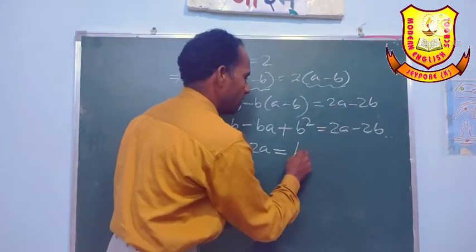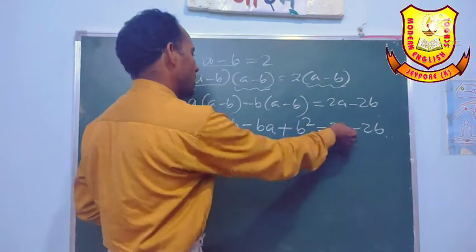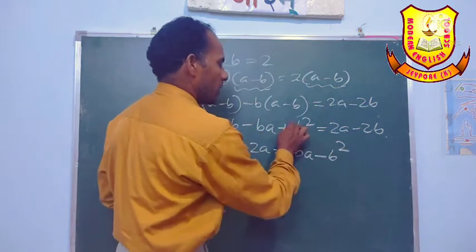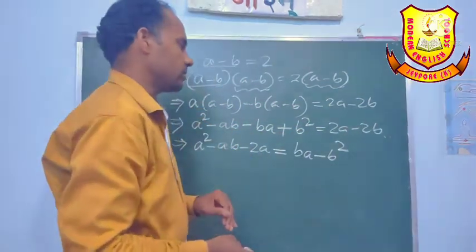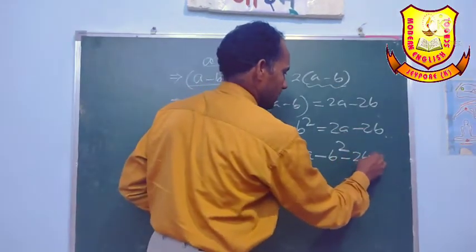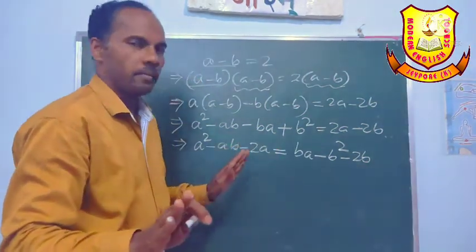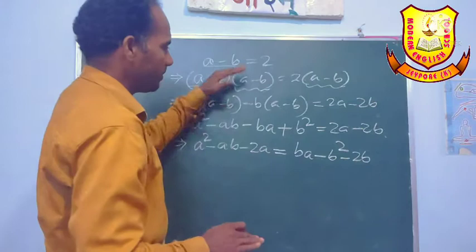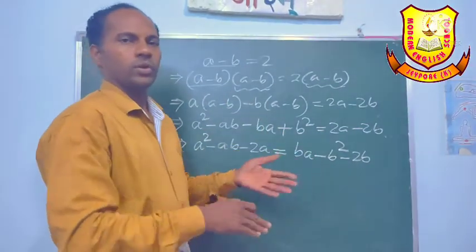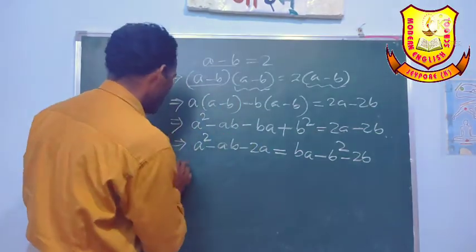Then b square also goes to that side as minus b square, and on this side minus 2b is already there. So there is no issue, because as usual I am simplifying. With the multiplication rule and transpose, there is nothing wrong up to this much.